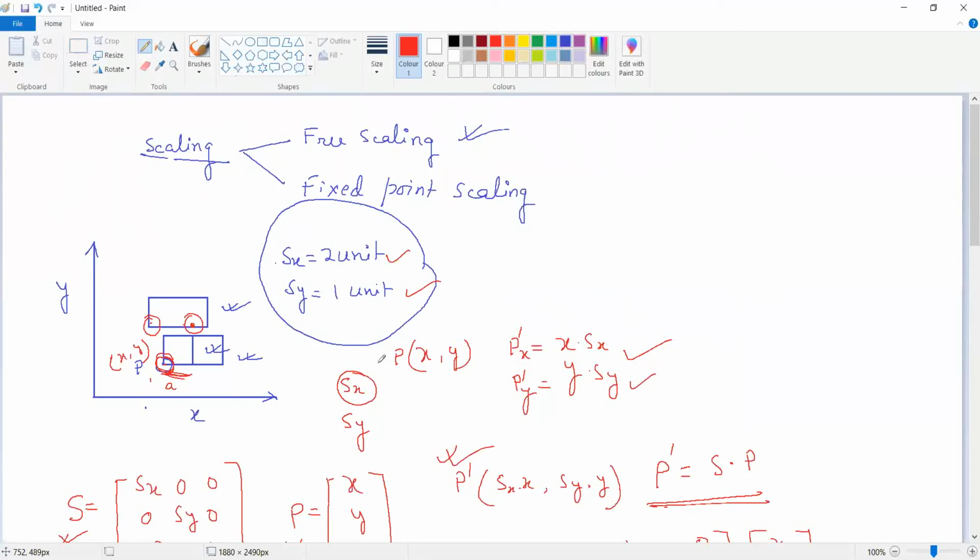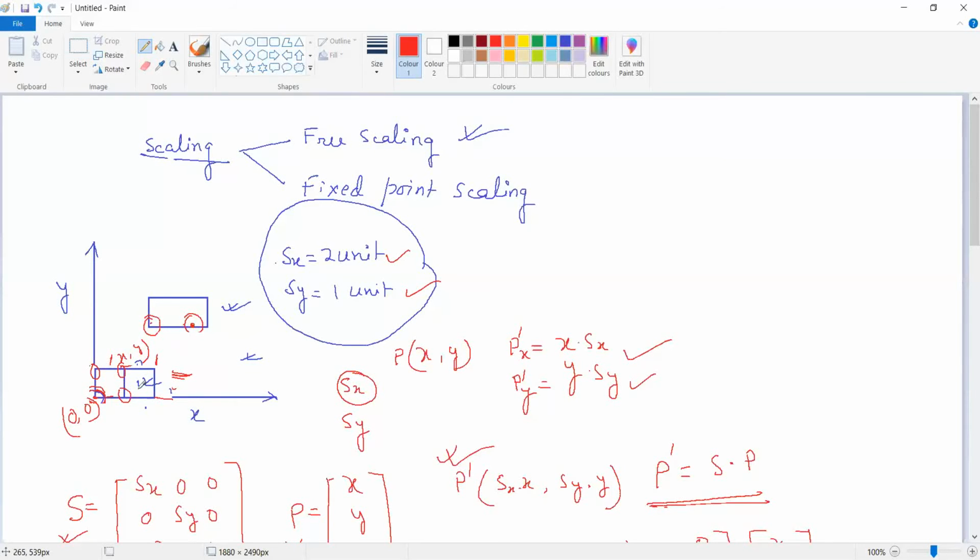Okay, but if I can do one thing, if I can shift this entire object to the origin, suppose we are bringing it to the origin. Then the coordinate of that particular point becomes 0, 0, and subsequently all the points will change.